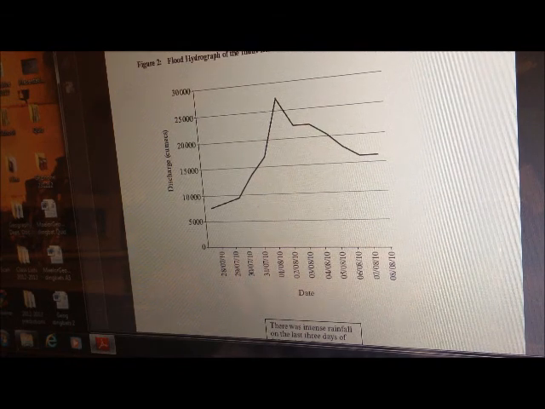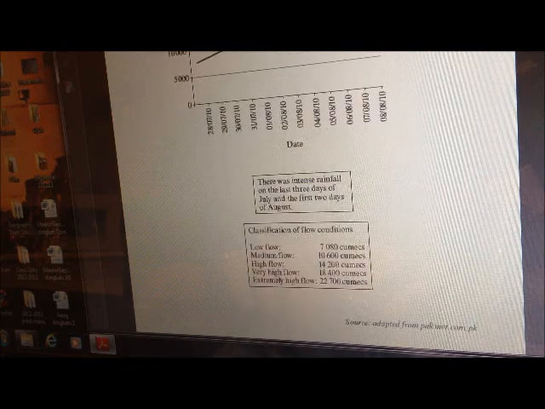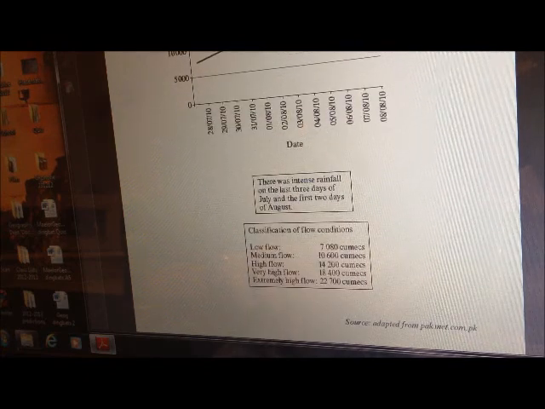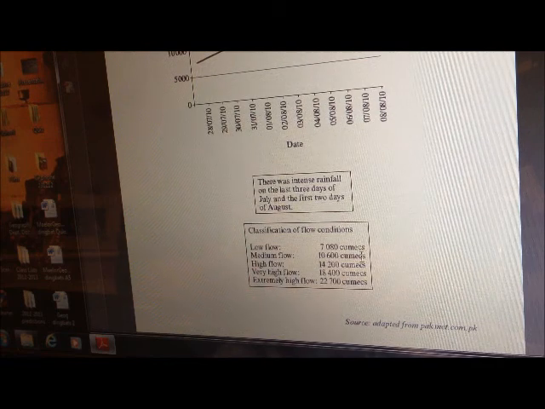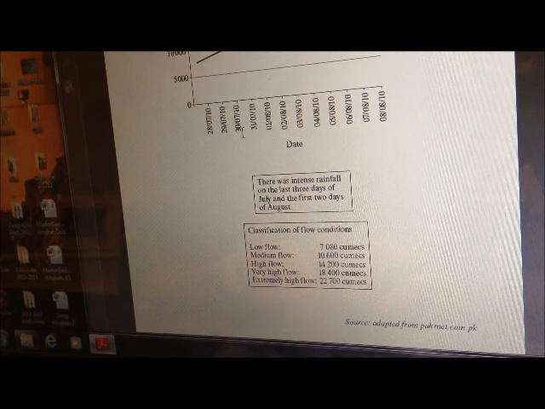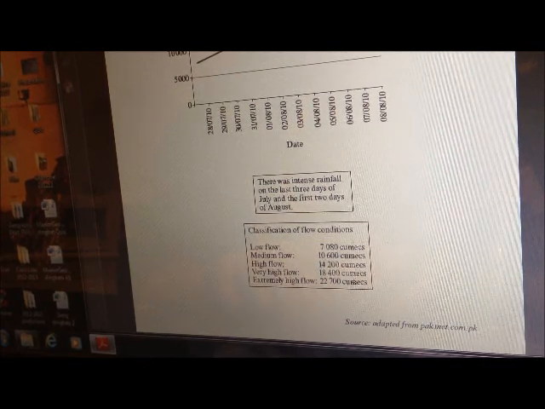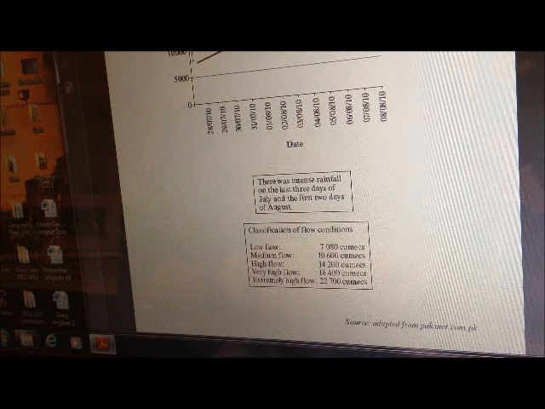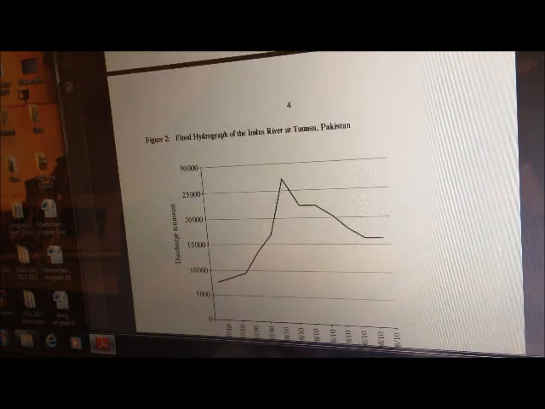So hopefully you'll get a question like this, and there's a description here, information at the bottom that you might want to use to describe what low flow is from using these statistics, finding out on the graph where they might be and then describing that. But again, you're showing your skill in describing this graph.